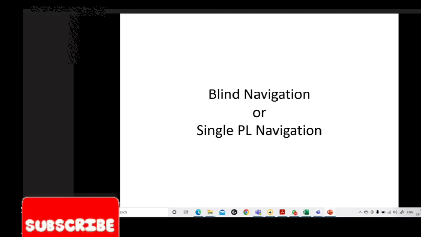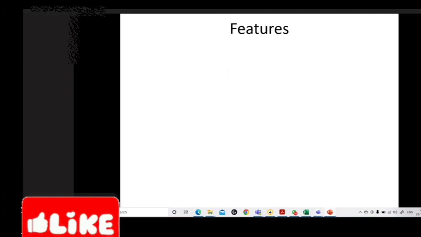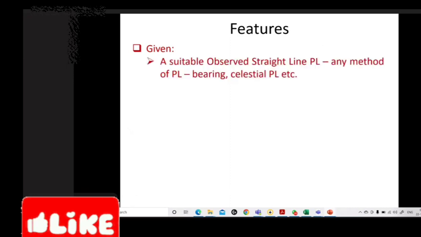Okay. Now we come to this. What are the features? What is given in such questions? How do I know it's a blind navigation or single PL question? This is the name given so that I can immediately say, this is a single PL question. What will be given in such questions, beta, is a suitable straight line PL. It has to be a straight line PL, it cannot be a zigzag like a depth contour.